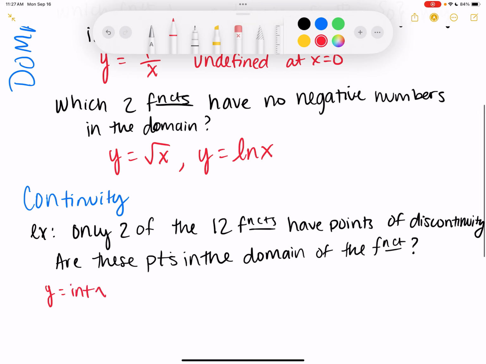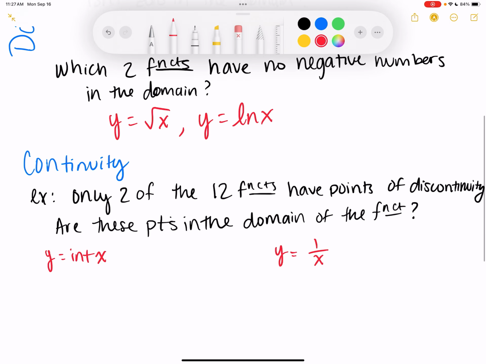And what else? The square root function? Nope. Reciprocal. Yes. So I'm going to give you a little bit more information about these as well. And it'll also, in turn, answer the question about if the points are in the domain or not.